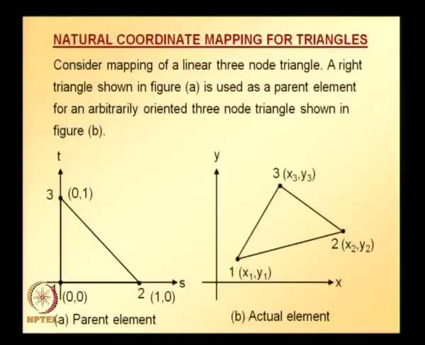So, using the formulas that we have seen till now in today's class, to get the shape functions for this parent element in S and T coordinate system, what we need to do is we need to find L1, L2, L3 for each of these nodes, and then for 3 node element L1, L2, L3 are same as N1, N2, N3, that can easily be verified.